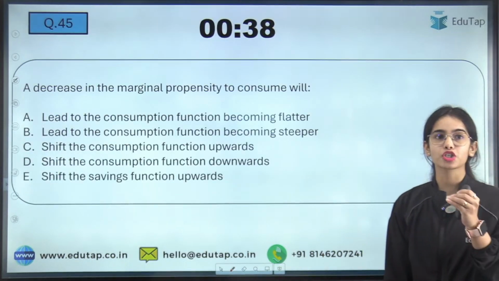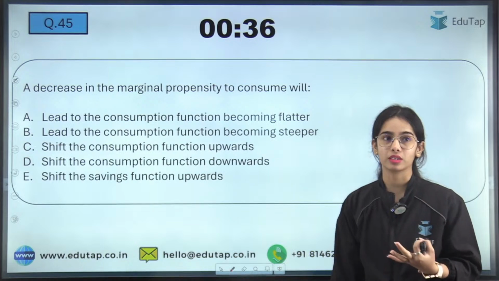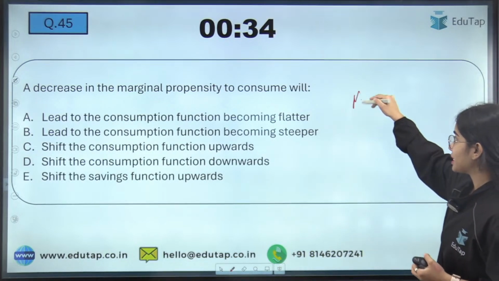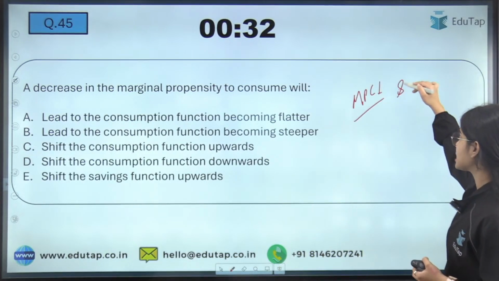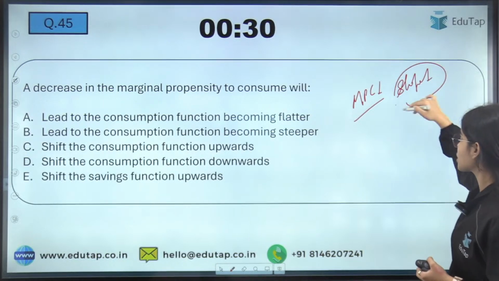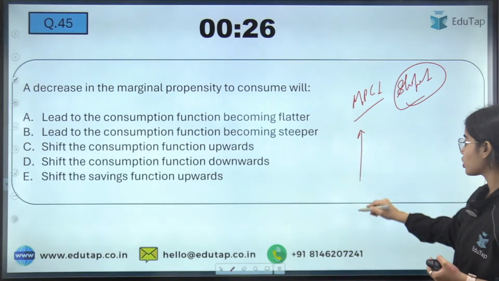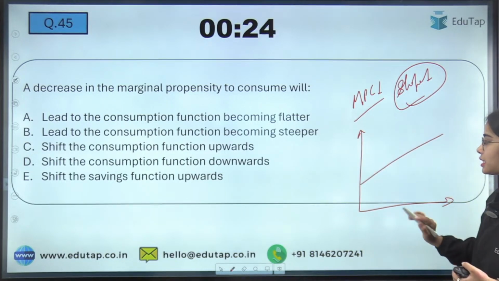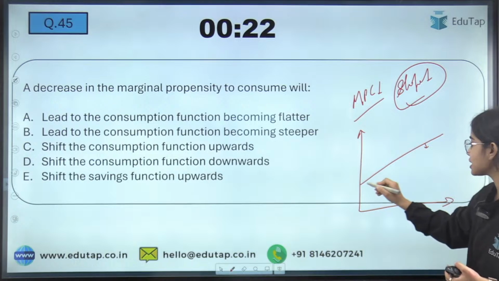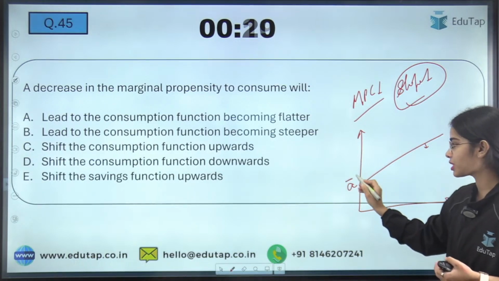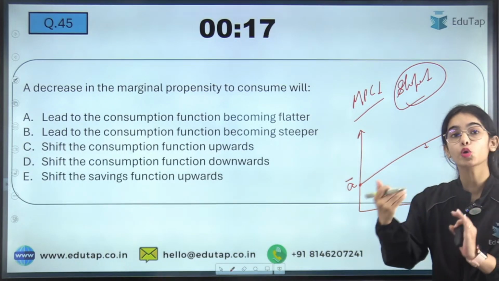A decrease in marginal propensity to consume will lead to what? If the MPC is decreasing, that means there is a decrease in the slope of the consumption function. Autonomous consumption is the same, there is no change in autonomous consumption, but the slope is changing.